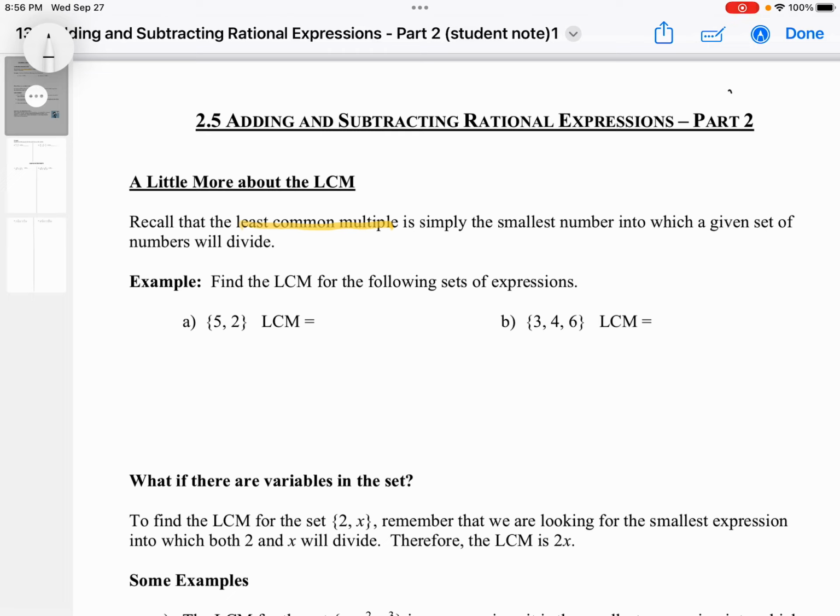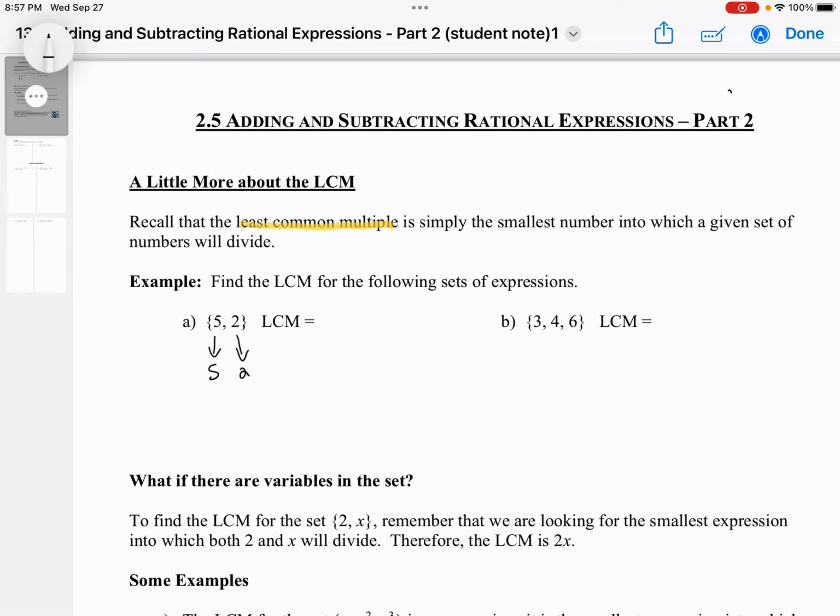We start with one that's 5 and 2. Because both these numbers are prime, the trick that you learned way back when of just multiplying them together is the right trick, because 5 is the only prime in 5, and 2 is the only prime in 2. So the only thing we're dealing with here is a 5, and the only thing we're dealing with here is a 2.